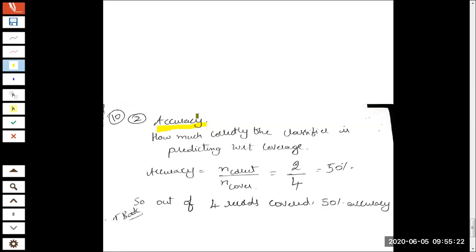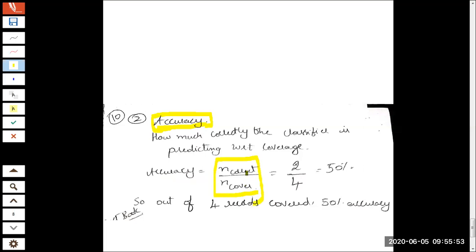That is accuracy. So please try to understand the difference between coverage and accuracy in a classifier. Coverage means, out of 10 students, I could identify 4 students based on my previous observation. So that is coverage. In those 4 students, how many students I could name correctly? That is accuracy.